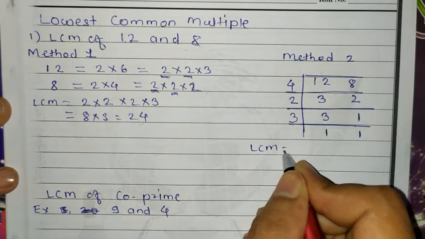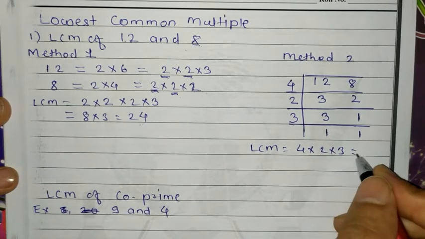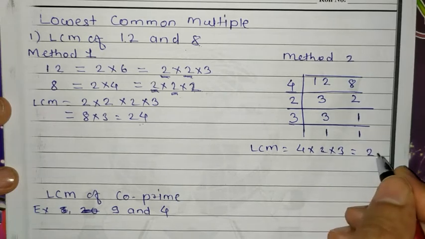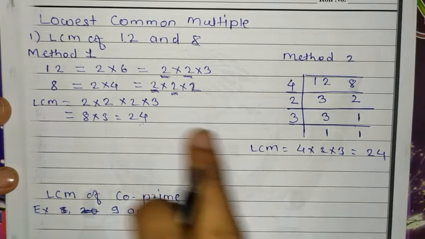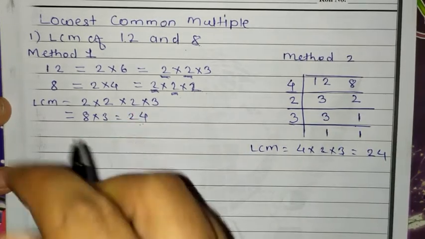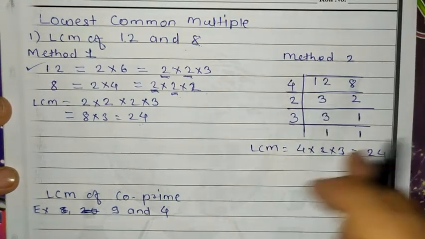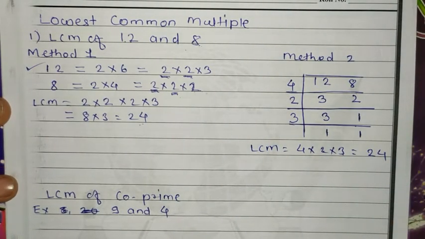So LCM equals 4 into 2 into 3, so 8 into 3 is 24. We are getting the same answer. So you can use either this method or the first. According to me, the first is easy if you have 2 or 3 numbers. This one you can use if you have 3, 4, 5 numbers like that.